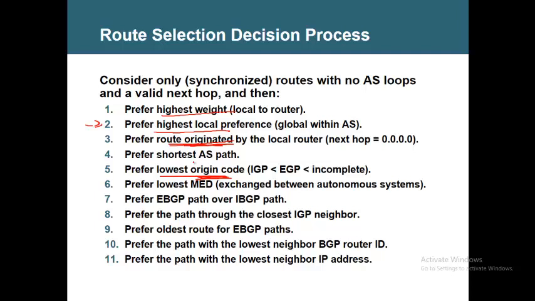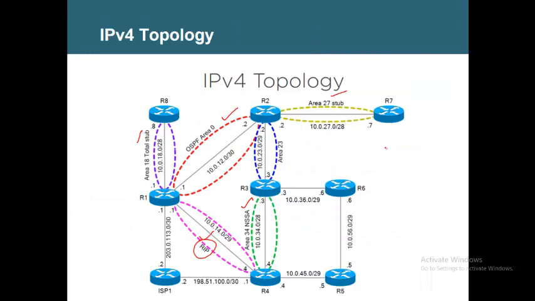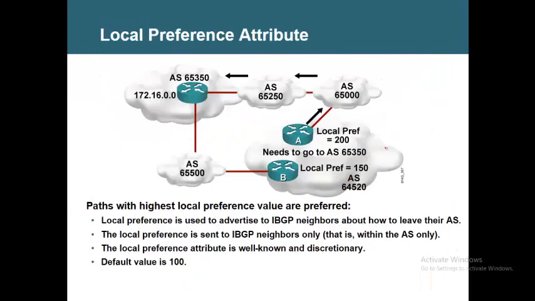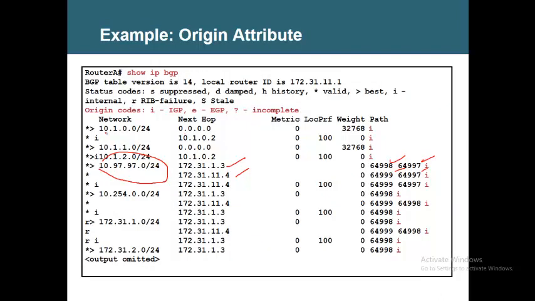What is local origin? The one which has the next hop 0.0.0.0. You see, in this example output here, this particular network is coming from this neighbor. Also, it is directly connected. See, there is no next hop, which means what?